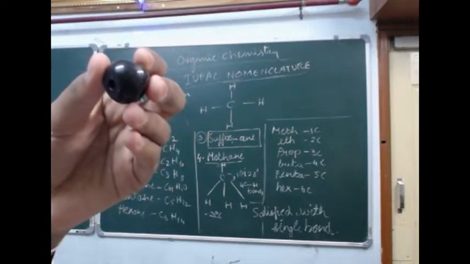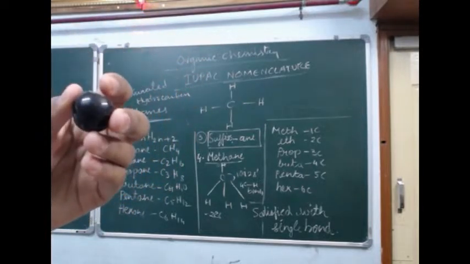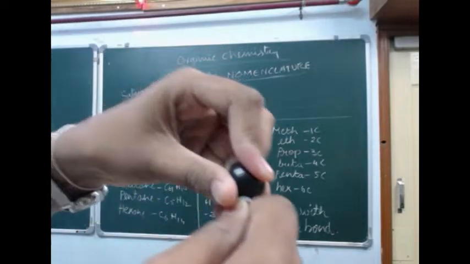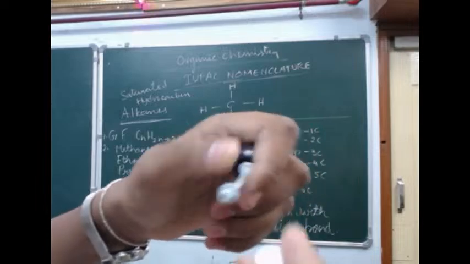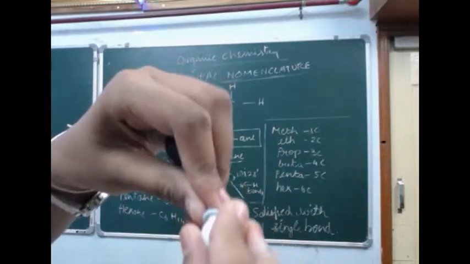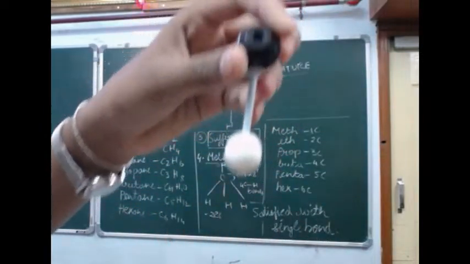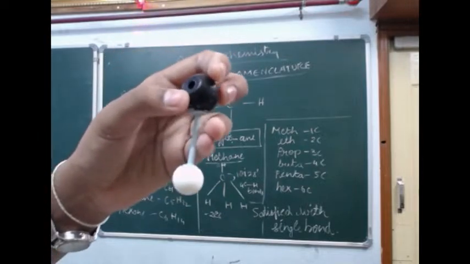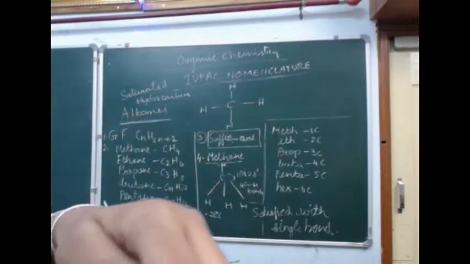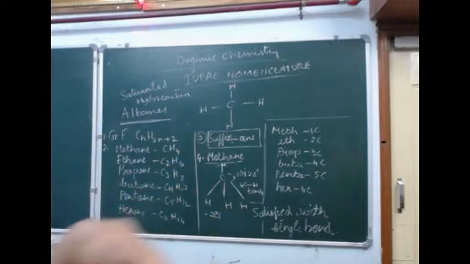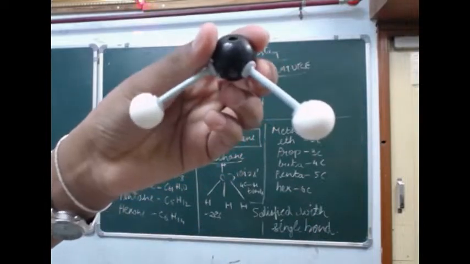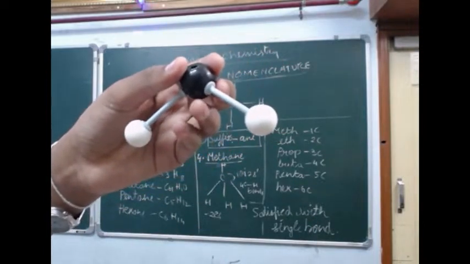Now let us attach one hydrogen. So this is CH, right? CH. Then attach another. So this is CH2. Okay, so you can build up the structure like this, and you need one more H.